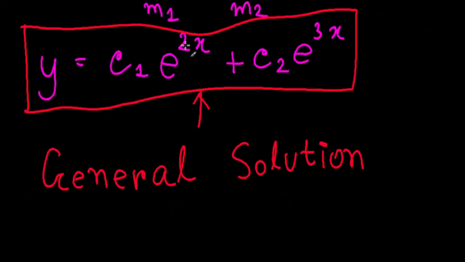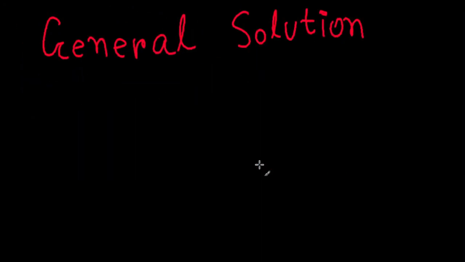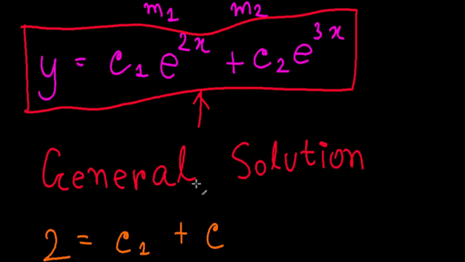When x equals 0, the exponentials are just equal to 1, and on the left side we'll have 2. So our first equation says 2 equals c1 multiplied by 1 plus c2 multiplied by 1.